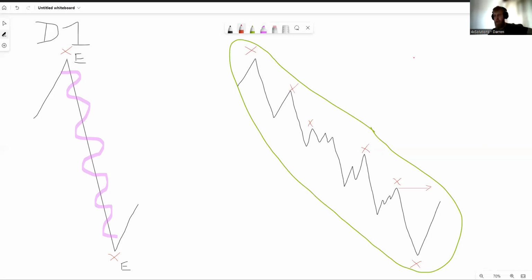It doesn't mean that because all of this has become a void by moving down on the daily, this whole area is going to be retraced over here like this. It doesn't mean that. What it could mean, though, is that this is a daily over here, and maybe over here is some kind of order block on the daily, and then the rest of it is a void down.